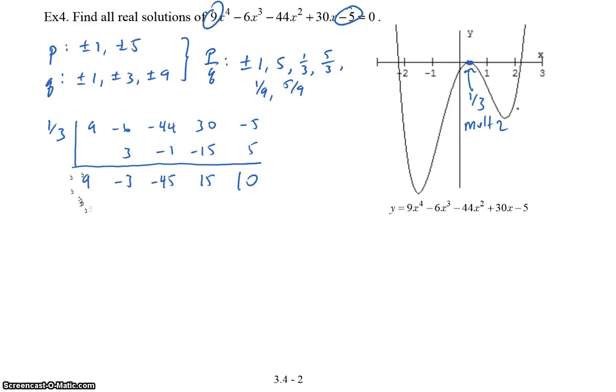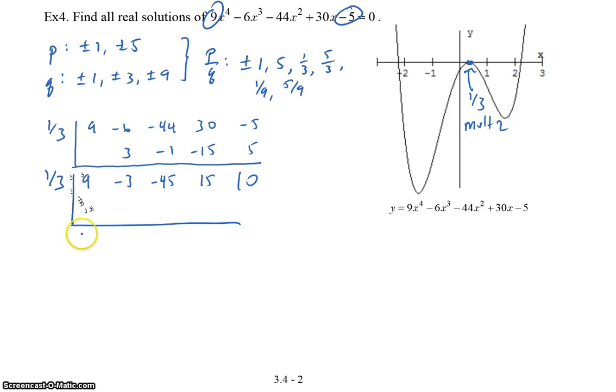If 1/3 has multiplicity 2, it means you can use it again, right here. And see, I'm not going back to the original polynomial, I'm using the third degree quotient. Because if I can do one more successful synthetic division, I'll have a quadratic, I'll have a second degree quotient.